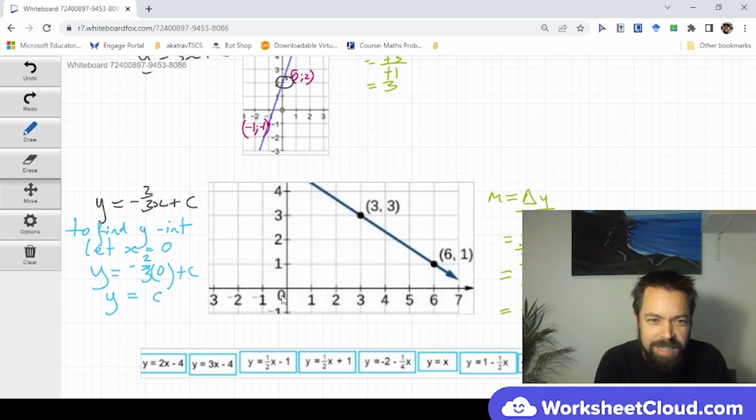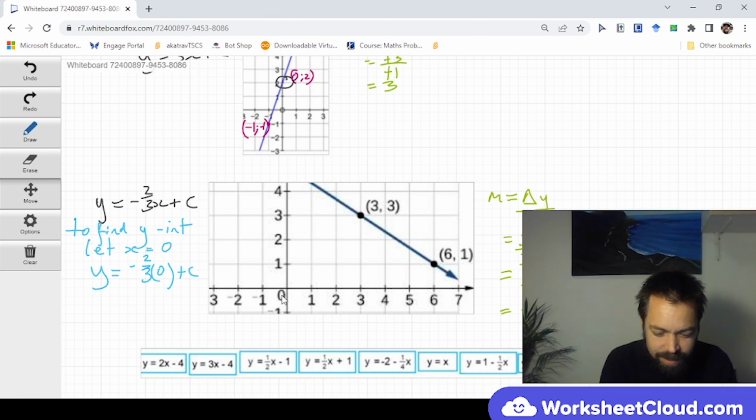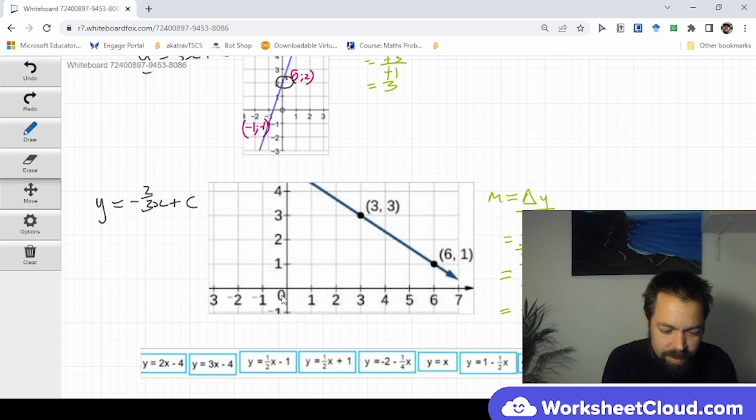Let's see if we can find the x-intercept. Right, so to find the x-intercept, we're going to let y equal 0. So then we're saying 0 is equal to minus 2 over 3x plus c.